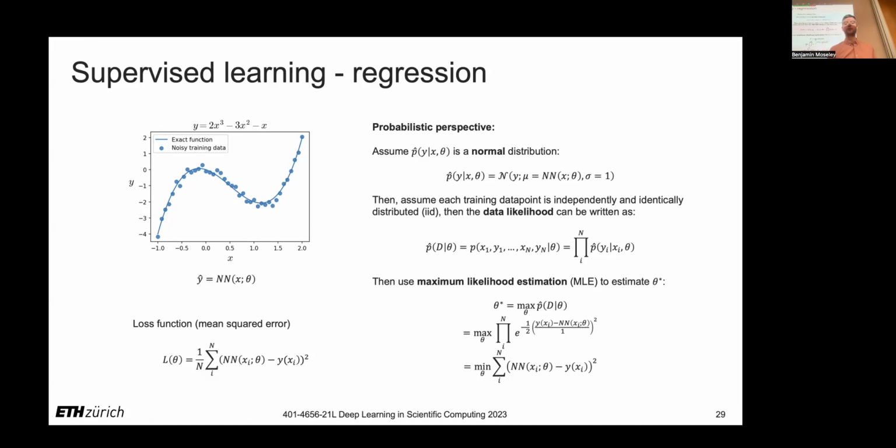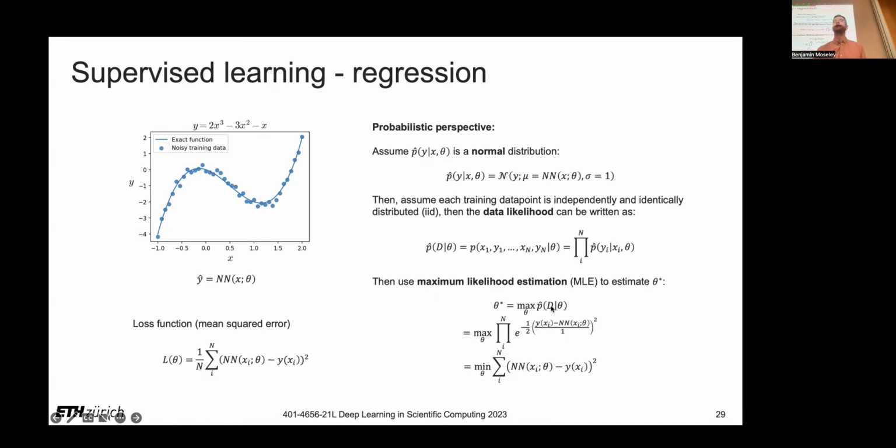Then what we need to do is use some statistical techniques to estimate what theta is. And there are many different ways to estimate theta. One of the most popular methods is called maximum likelihood estimation. What we do is we say the best value of theta is the one that maximizes the probability of our training data given the value of theta. That kind of makes sense.